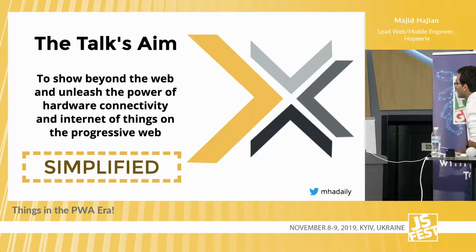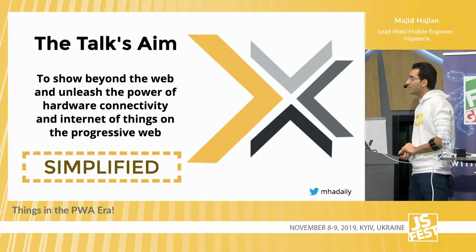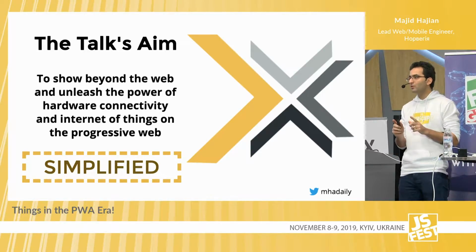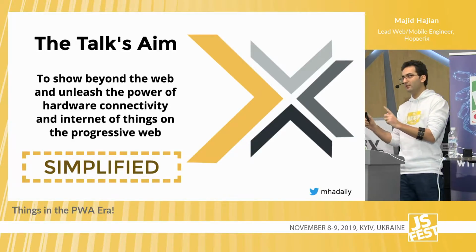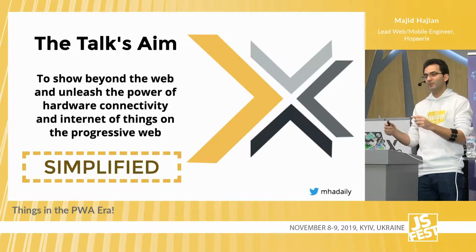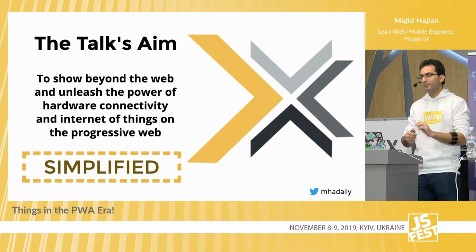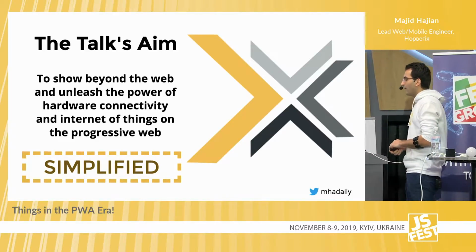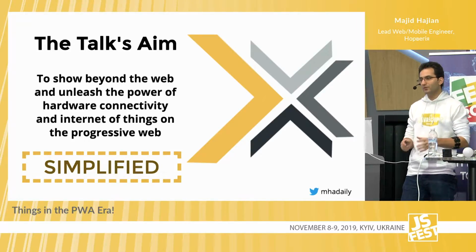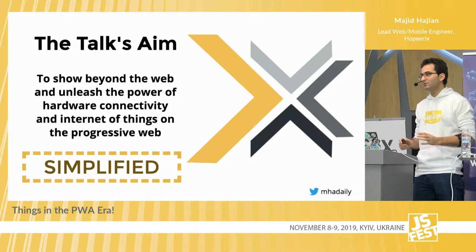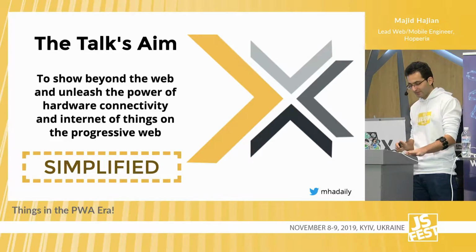So, today's talk goal is to show you how we can go beyond the web, connecting different things, the Internet of Things, to the web. I also tried to simplify it as much as possible, so it is going to be very easy to understand what I'm going to present.